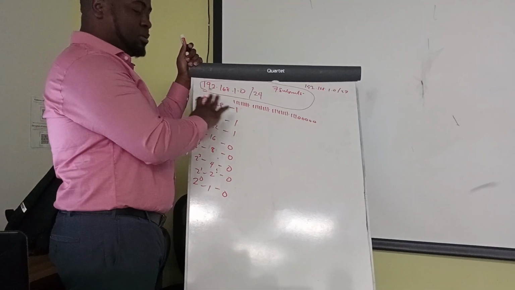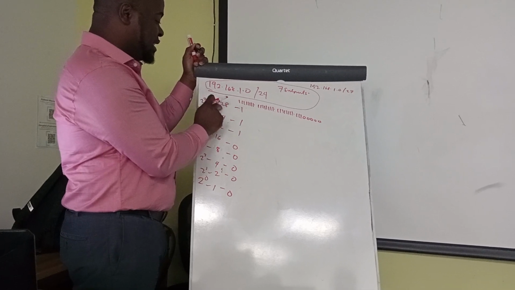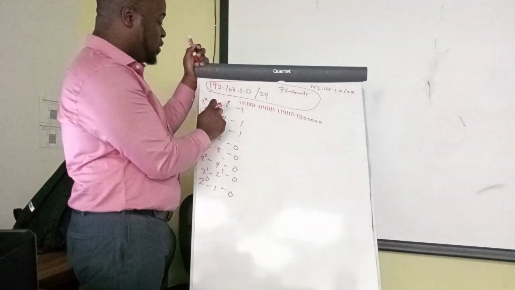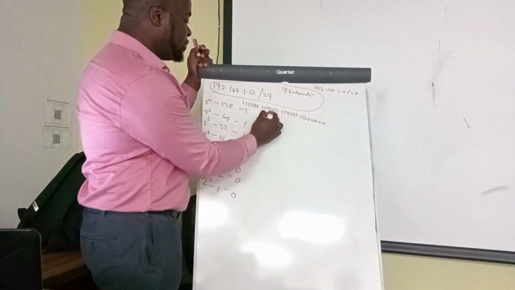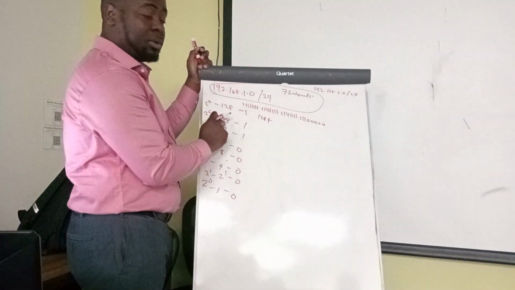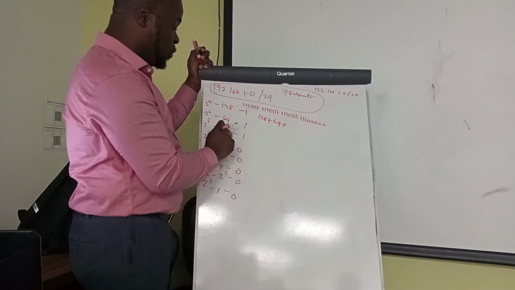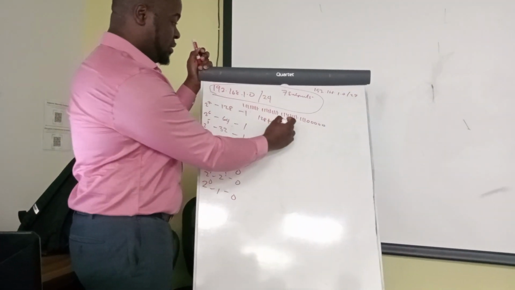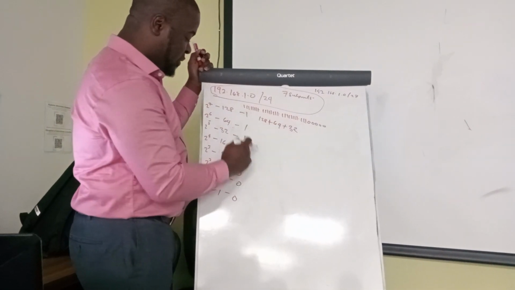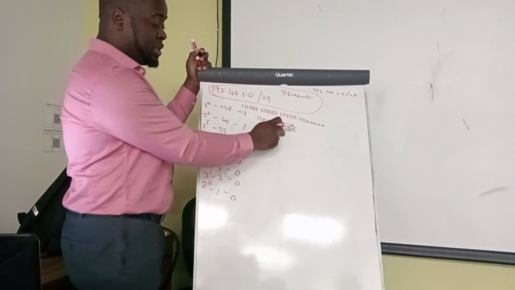Now, how do you convert this to decimal? Wherever you have 1, what is the decimal value there? The first one you have 128, plus you have 1 here. What is the decimal value? 64. Plus the next one you have 1 here. What's the decimal value? 32. Every other one is 0, so you don't bother. Anywhere you have 1, you look for the decimal value, put it there, and add it up.